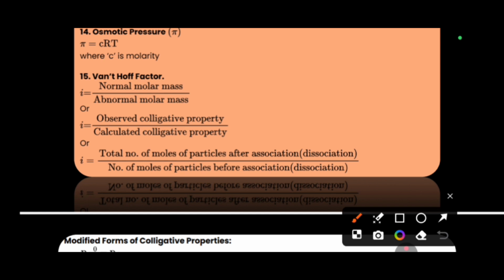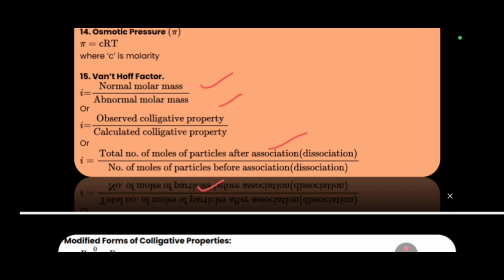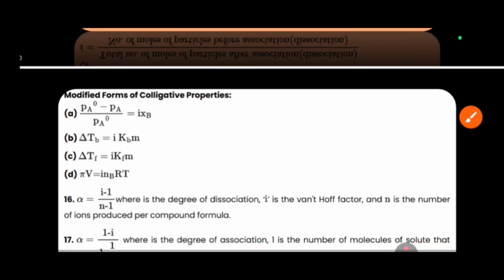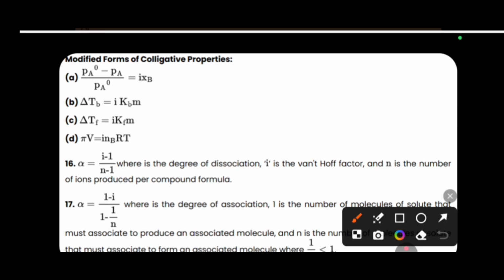Van 't Hoff factor we have done. In terms of molar mass, you can write normal molar mass divided by abnormal molar mass. And i you can write as the total number of moles of particles after association divided by the total number of moles of particles that you have taken initially. So these are all the terms which we have written in modified form by using the Van 't Hoff factor. Today only we have discussed all the formulas already.